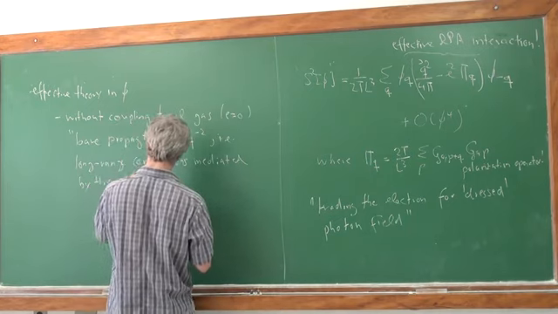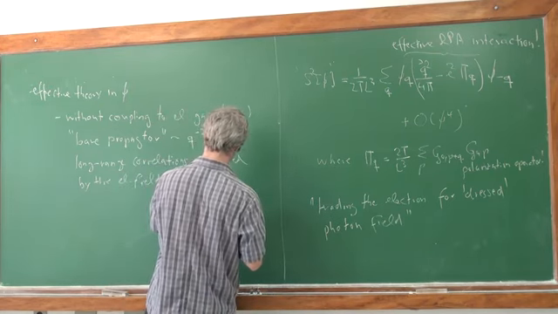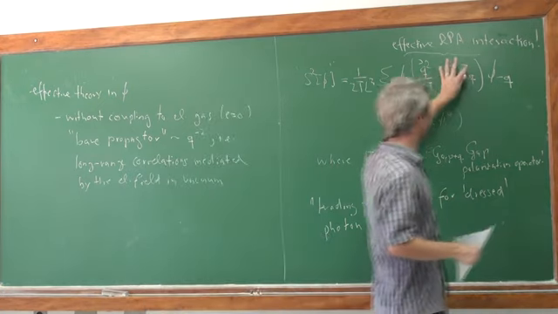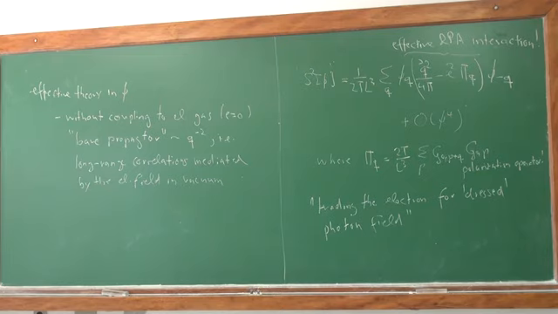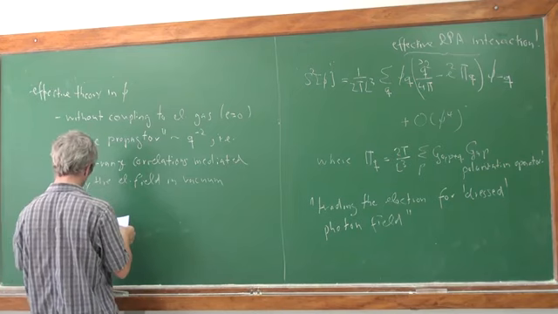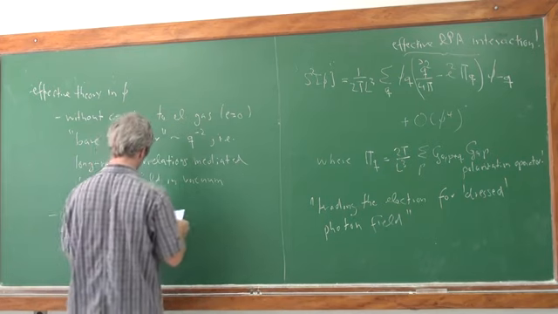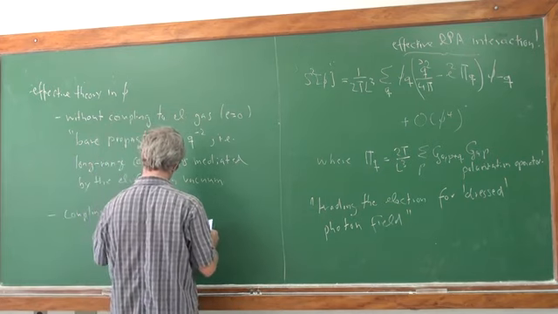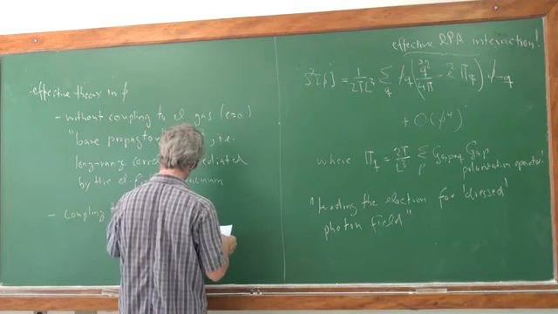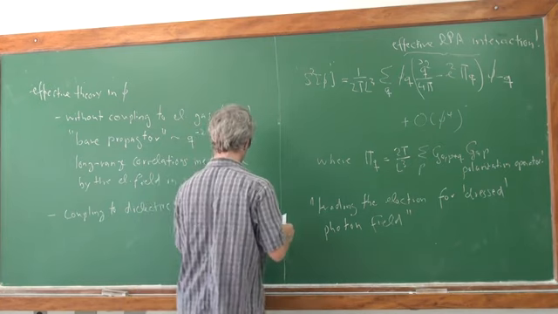This will be vacuum. This would be just this part without this one, and the coupling to the dielectric, meaning the polarizable medium. The dielectric medium. This is the electron gas.